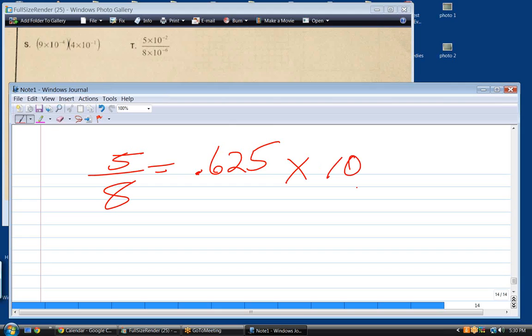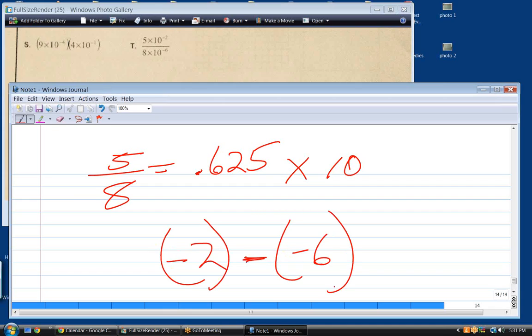Now you subtract the exponents. -8. What is -2 minus, remember, we're subtracting the exponents. Oh, it would be 4. Okay.